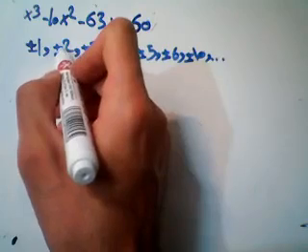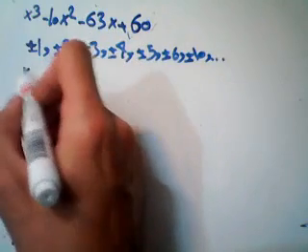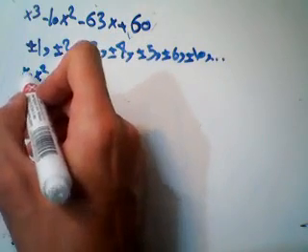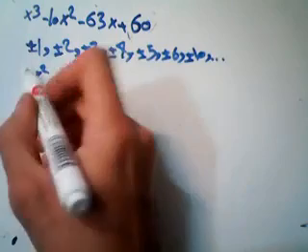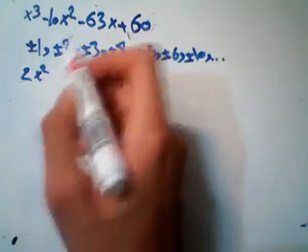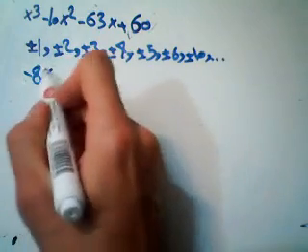Substitute plus 2 into that. Write this as x times x squared and substitute plus 2 into x. That would be 2x squared minus 10x squared would be minus 8x squared.